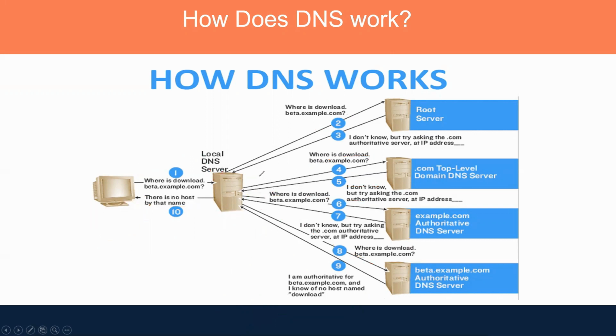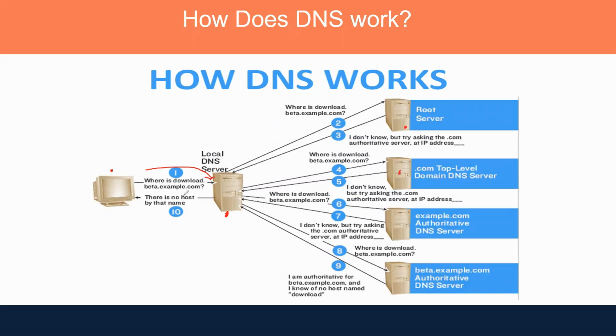So if I talk about how DNS resolution is happening: in the first step, my system would try to check the local host entry. If the local host entry is not there, it would try to get the DNS name from the local DNS server. If the local DNS server is not able to resolve, the query would go to root. Root would give the reference to the top level domain, .com, .net, .org, like that.